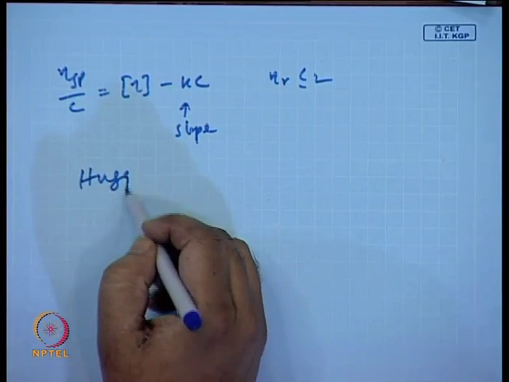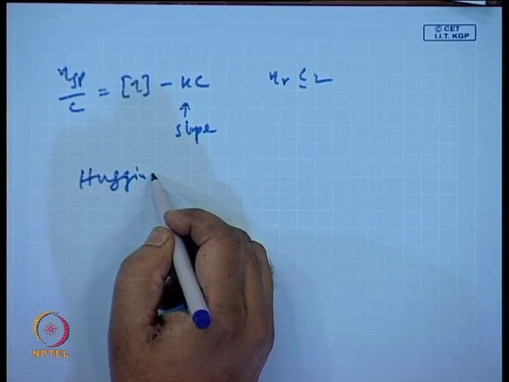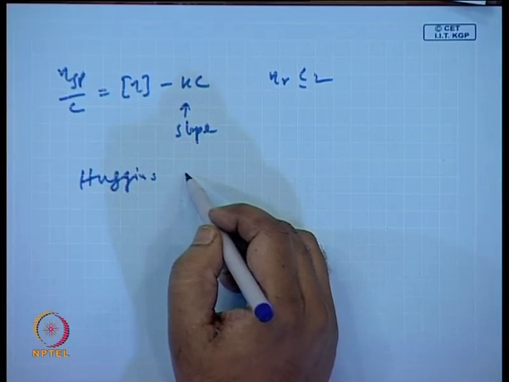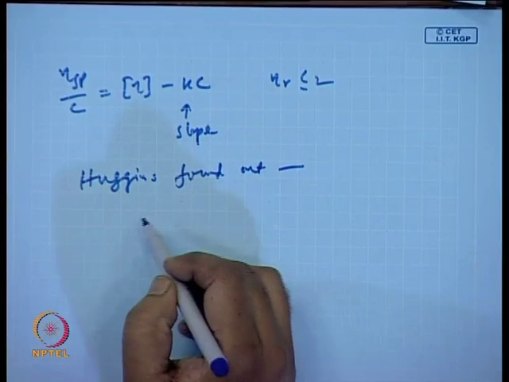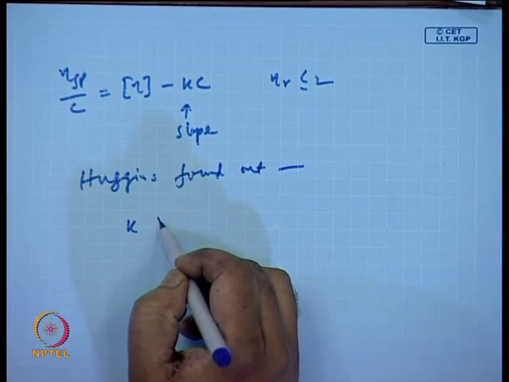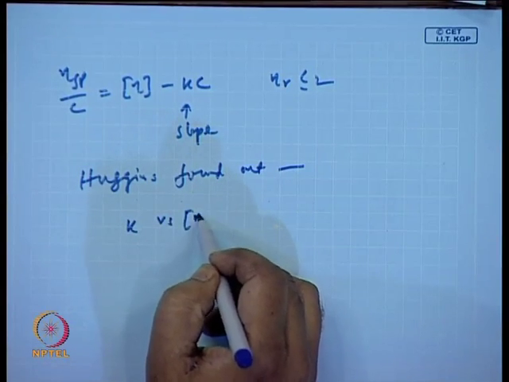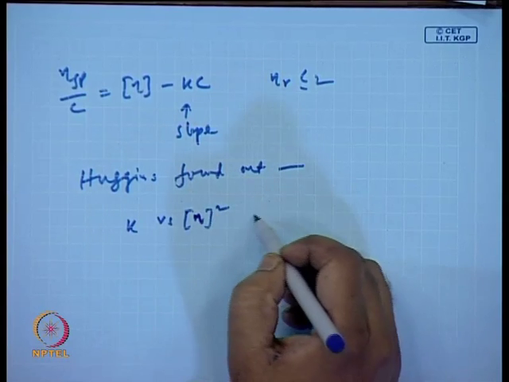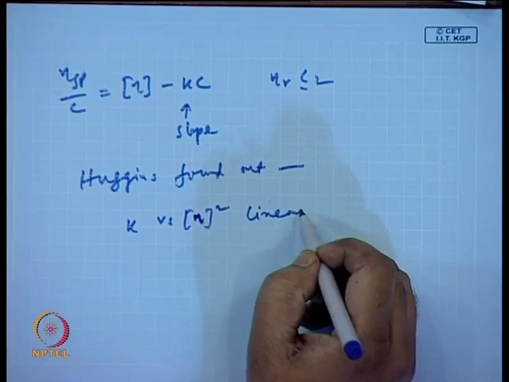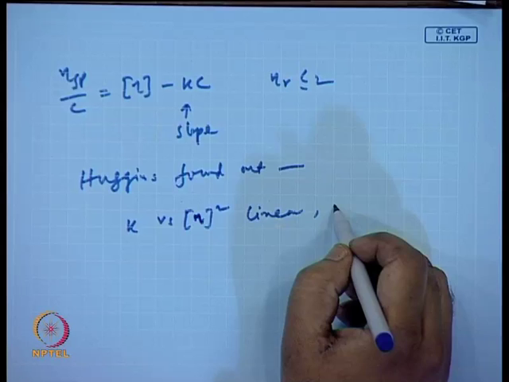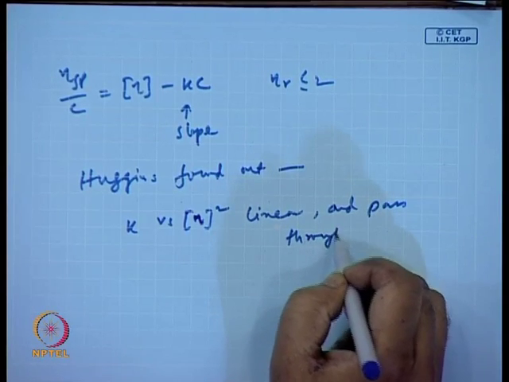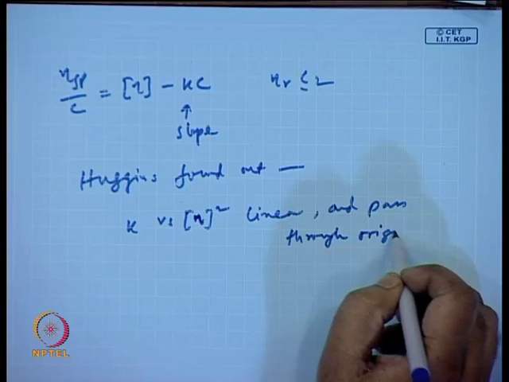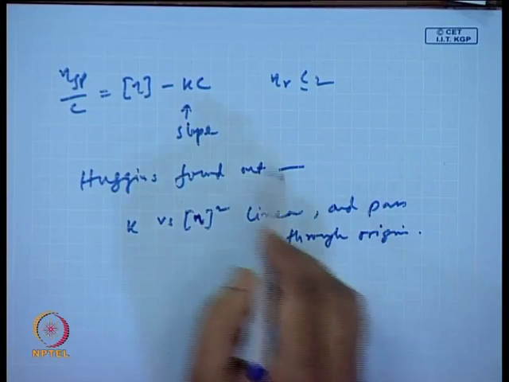So, Huggins found that k versus eta squared is linear and passes through the origin, k is the slope.